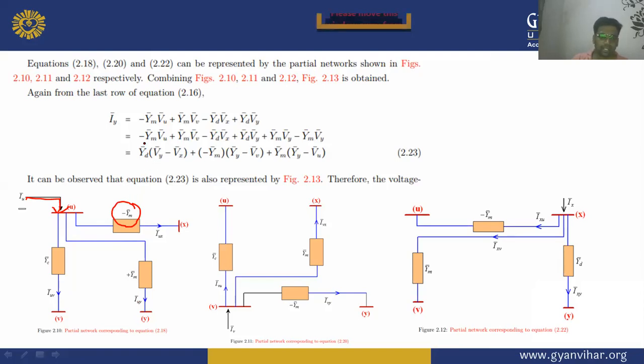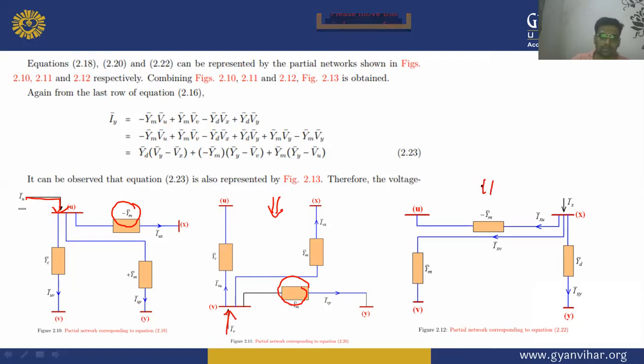Similarly, from equation number 2.11, I can make this figure. That is, when the current is injected from the node V, then it will be Iuv plus Ivx plus Ivy with the associated admittances.